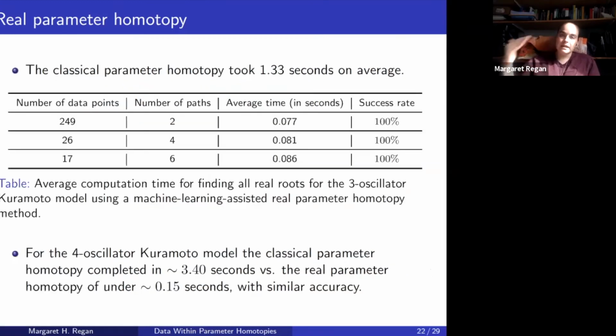And for a higher dimensional problem, the 4 oscillator Kuramoto model, we went from 3.4 seconds to under 0.15 seconds. So we still see a very good decrease in time, which allows for much better efficiency when you only care about these real solutions. And the accuracy is similar. By accuracy, I mean the success rate, the ability to avoid any of this crossing.